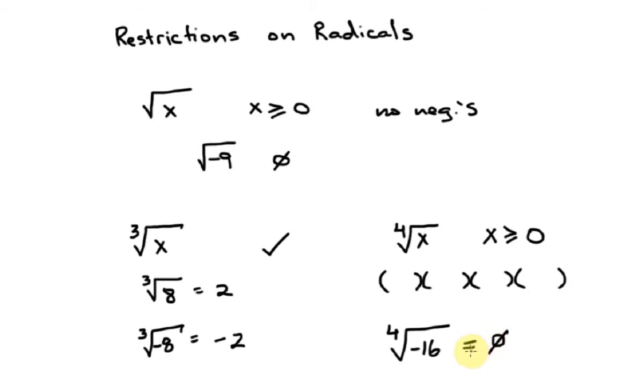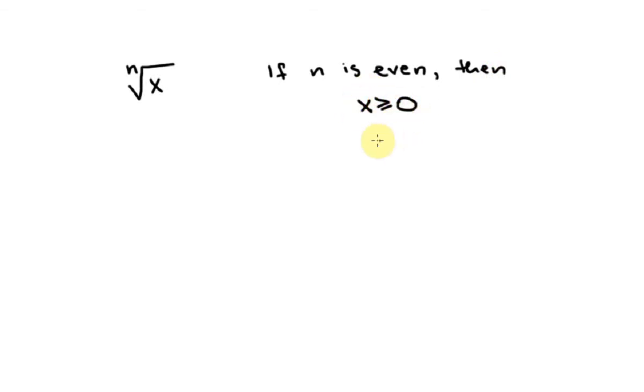So let me give you a summary of what is happening here. If you are looking at the nth root of x, basically if n is an even number, then there's always going to be the restriction that x, or whatever is under the radical, has to be positive.